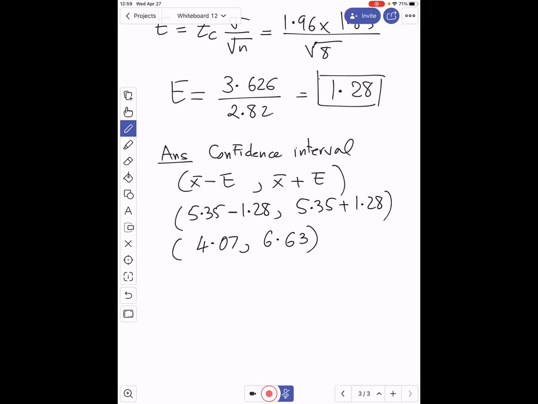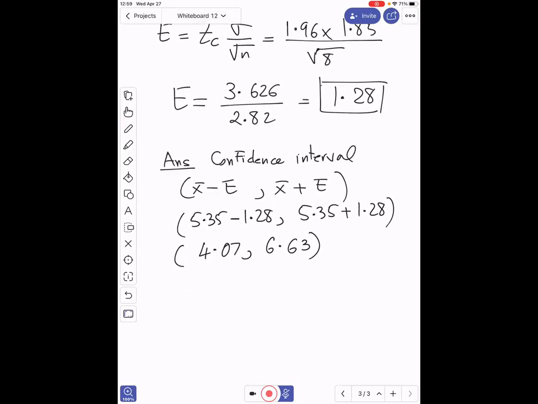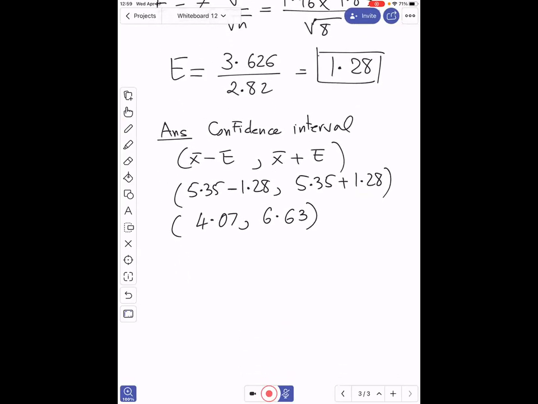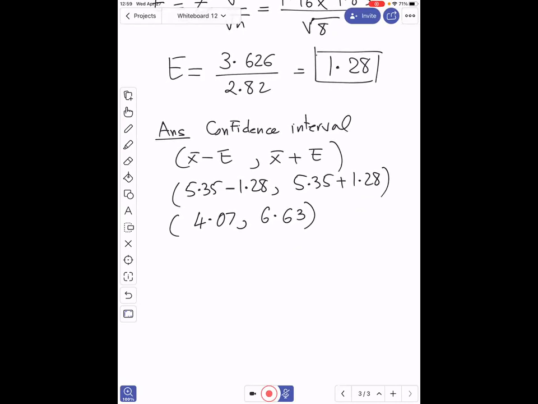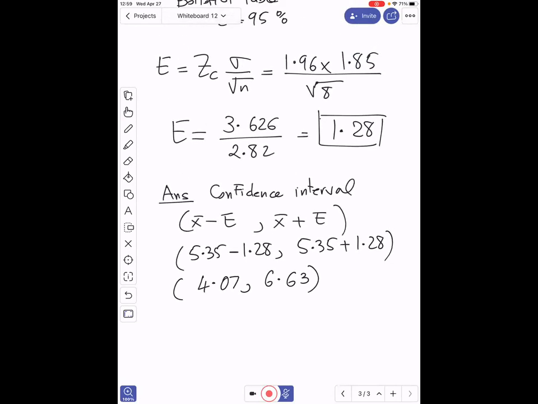So that's your confidence interval. And again, the interpretation, guys: what we are saying here is that the probability that the population mean, the population average, belongs to this interval is 95%. Okay.